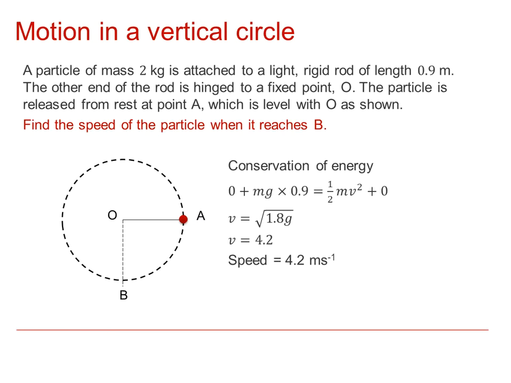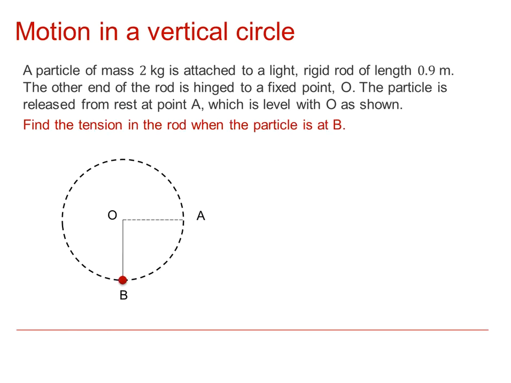There it is written out neatly. The second part of the question is going to ask us to find the tension in the rod when we've got to this position here. So there's going to be a tension acting towards the centre of the circle. So we're asked to find the tension in the rod when we're at B, knowing that the value of v here is equal to 4.2 metres per second.